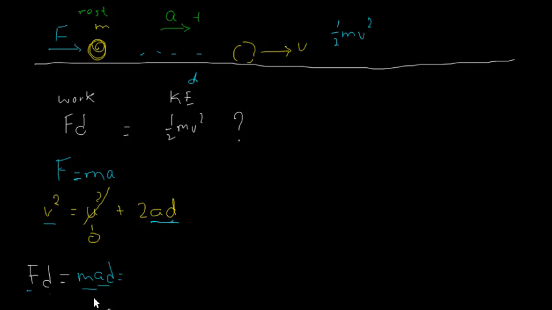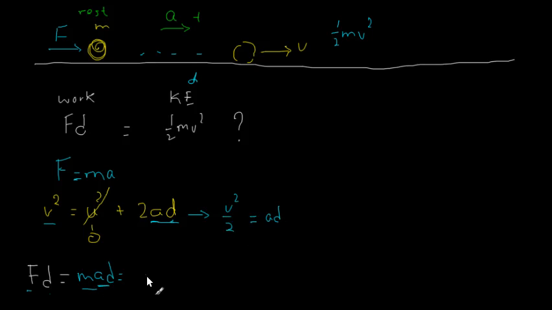What a nice coincidence. So this means that because v squared is 2ad, I can now express ad in terms of v squared. If I divide both sides by 2, ad must be equal to v squared over 2, and I have ad here, remember?